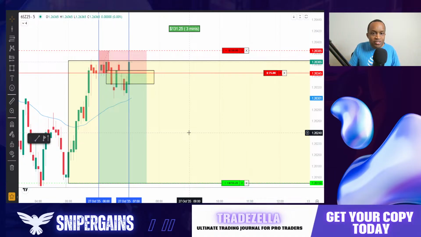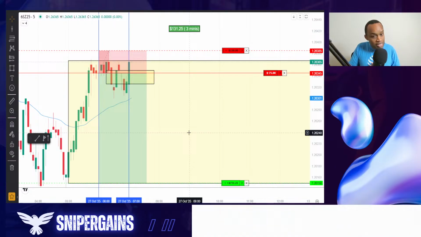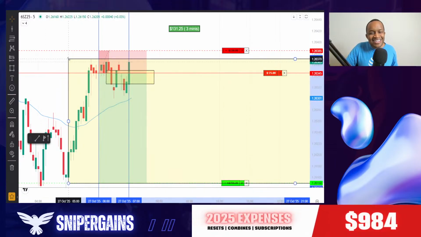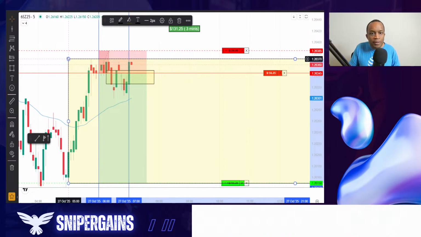Now, would this be considered an A plus trade? I would consider it a B trade. And the reason why is because the accumulation hour is slightly above that 50 EMA, but everything else looks good in my opinion. So that's why I decided to take a chance on it.